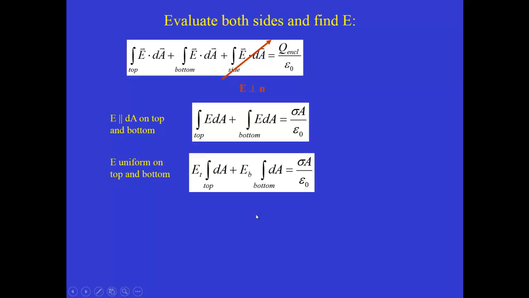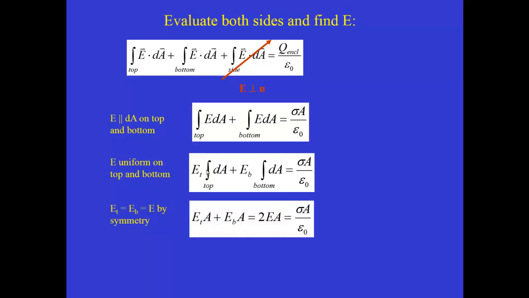The very last step here is to realize that by the symmetry of the situation, as we mentioned before, the electric field a certain distance above the surface should equal the magnitude of the electric field that same distance below the surface. So E_T and E_B are the same. We'll just call them E. When we evaluate the integral, we're integrating this surface area element dA added up over the top surface.